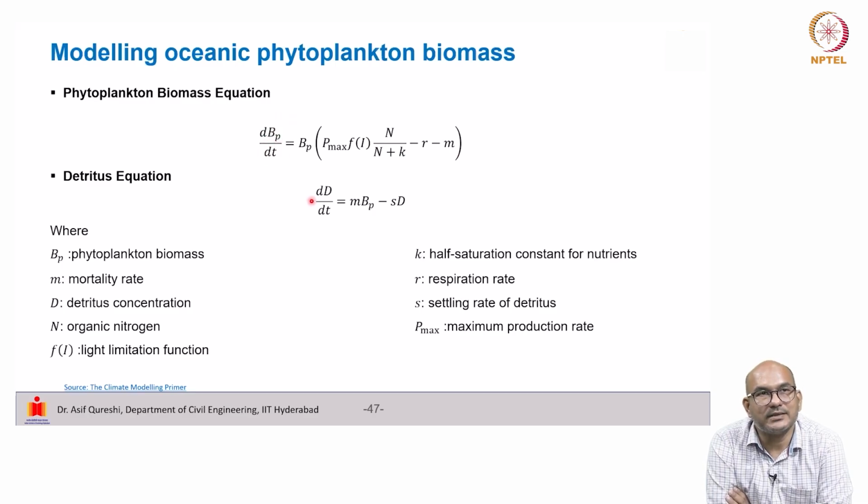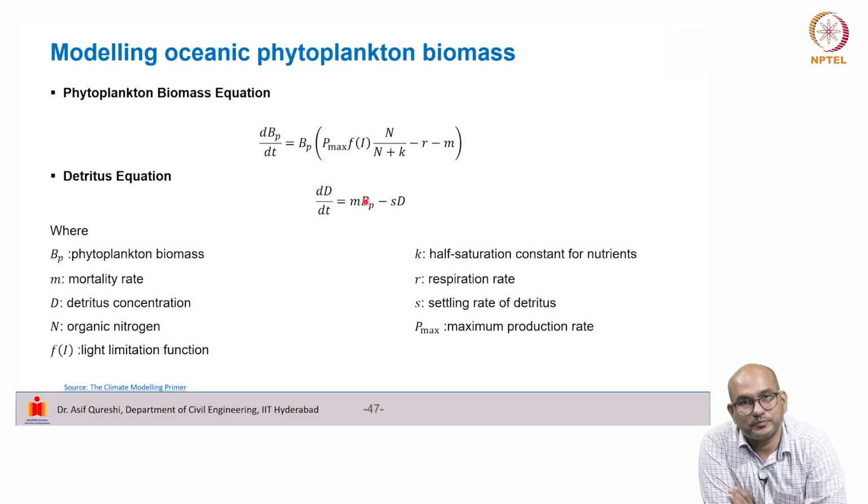Now, how is the detritus being formed in this cell? Detritus is being formed by the phytoplankton dying. So, mortality rate m multiplied by the biomass. This much phytoplankton dying will add to the detritus in the column, and the detritus being formed will then sink down.